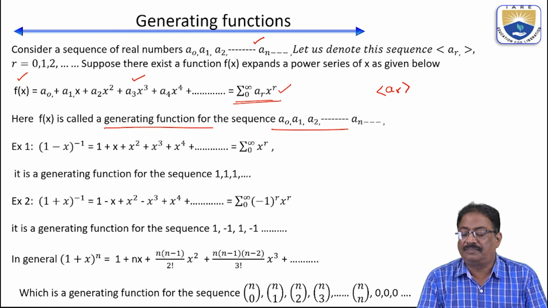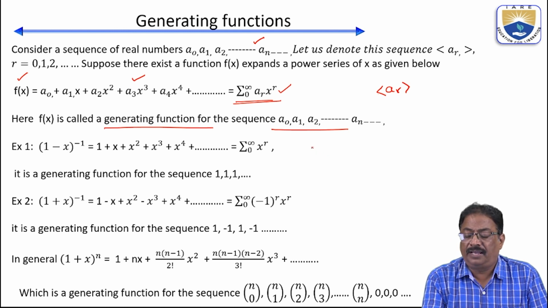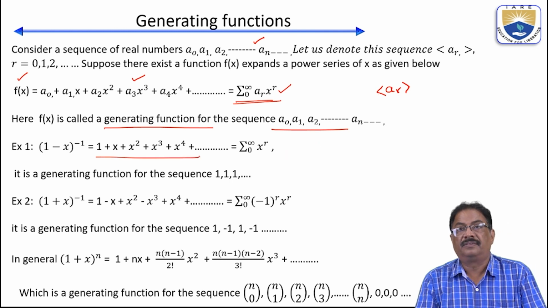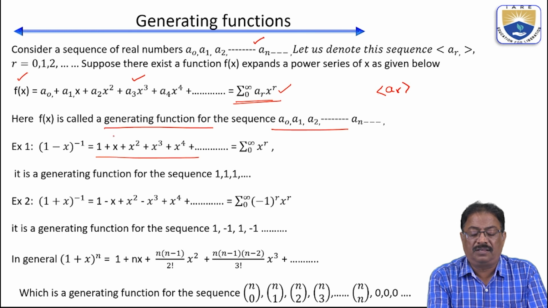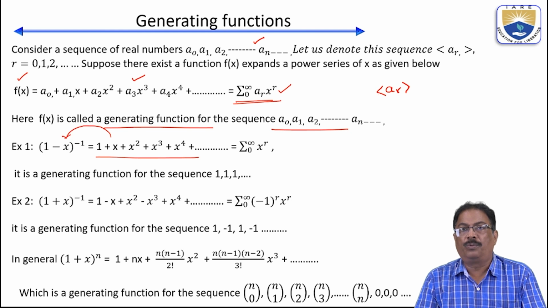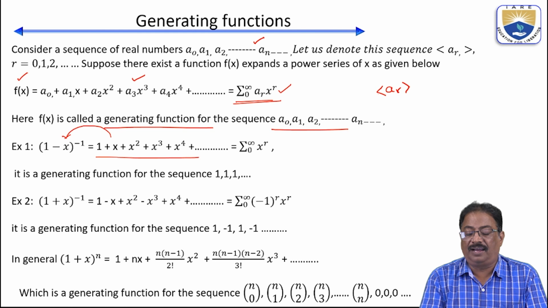Suppose I consider a generating function like this, 1 plus x plus x square plus x cubed and so on. Using the binomial theorem, this is equivalent to 1 minus x whole to the power of minus 1, and I represent it in this form.